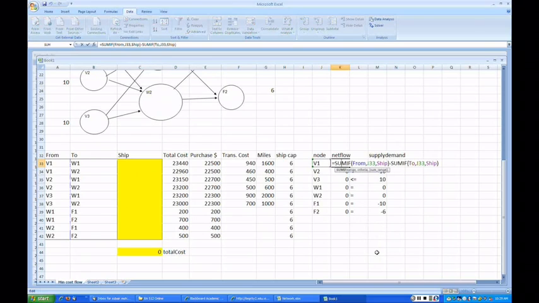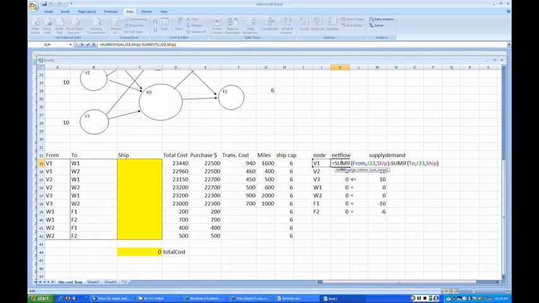If you do this, the command I have is SUMIF, from J33, ship, minus that. This is the common formula that we use. Then we just copy it down. What does it say?